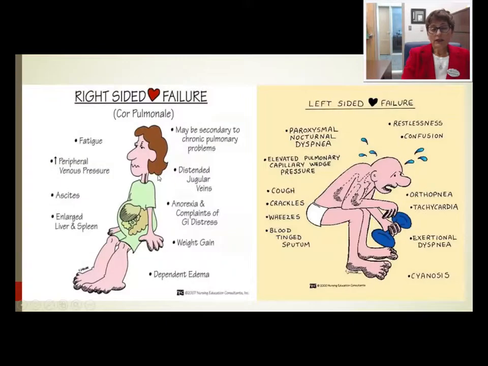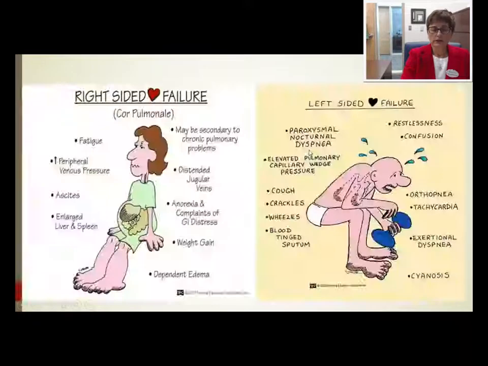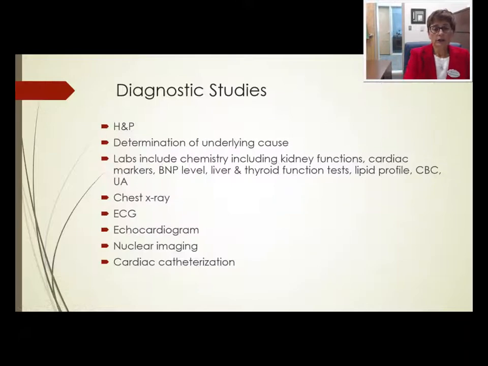So remember, that was a counter-regulatory mechanism from the body. We release these natriuretic peptides from the heart in response to those adverse effects. So the higher this BNP level, the more likely they have heart failure.